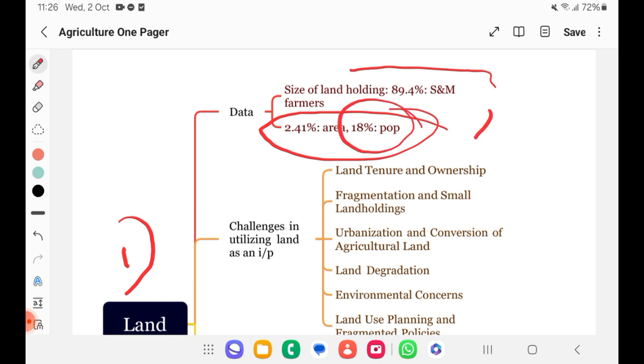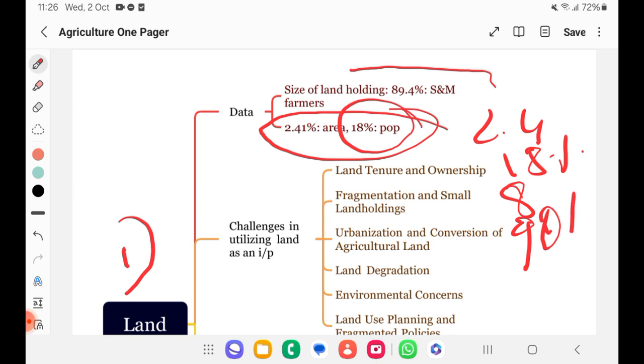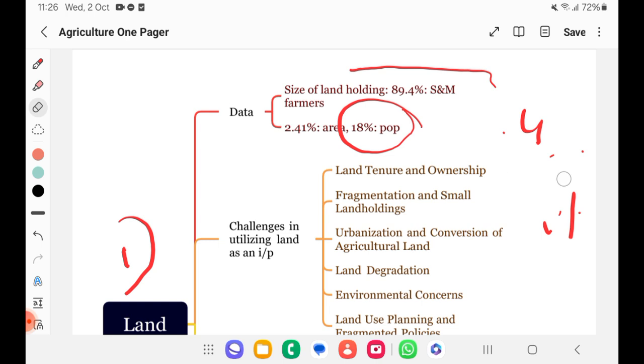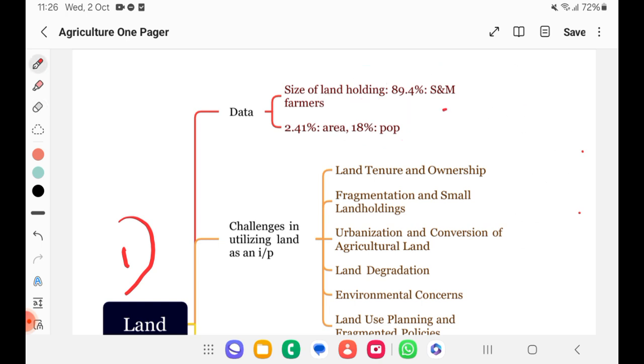For 2.4% of land, 18% of people are there, and approximately 90% of them are small and marginal farmers. These are the 3 data points. So I will just revise again. We have 2.4% of land, 18% of population, 89.4% small and marginal farmers. Okay, these are the data points.